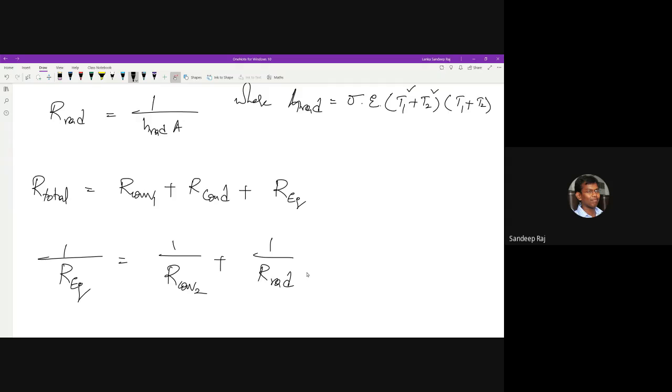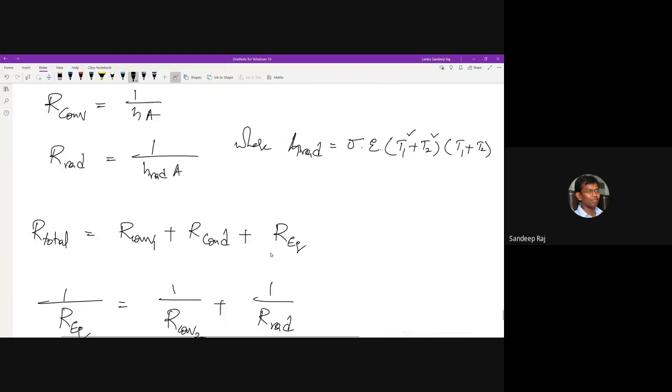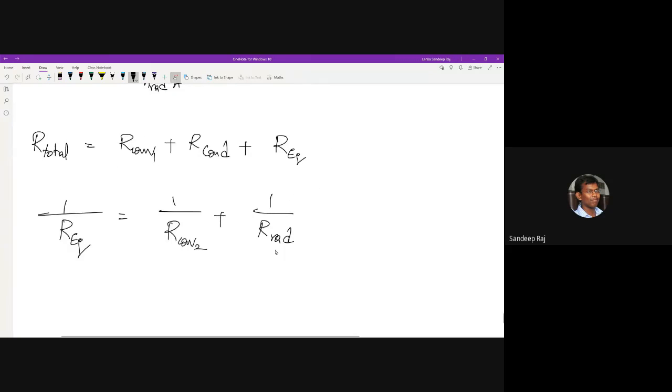This is how you'll get the R total. This is R convection 2, this is R radiation. Is it clear? I hope it's clear. If you have any doubts, you can ask.